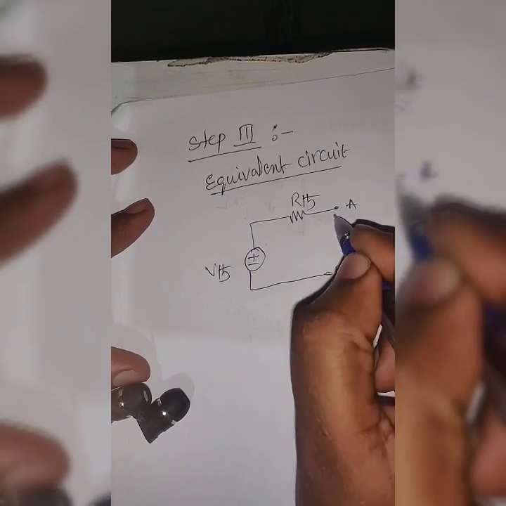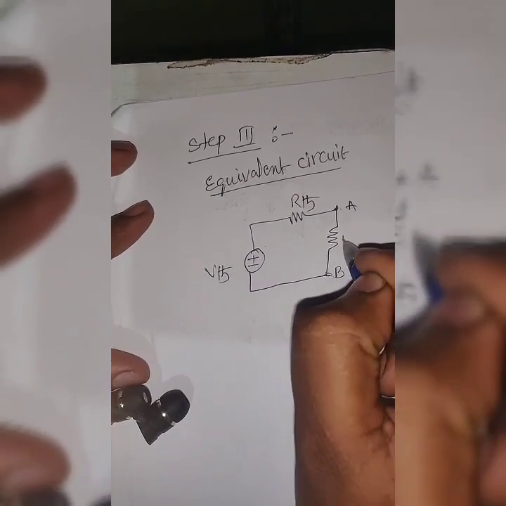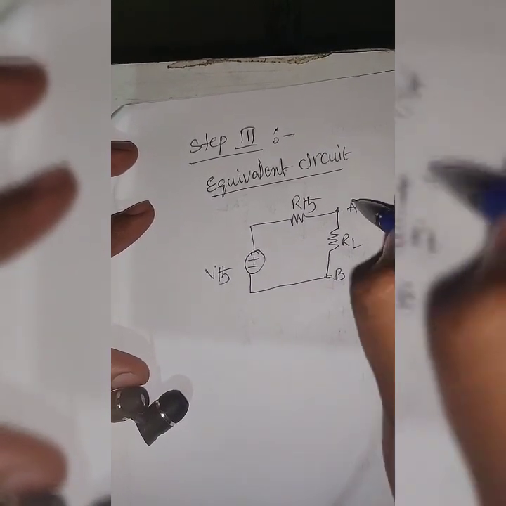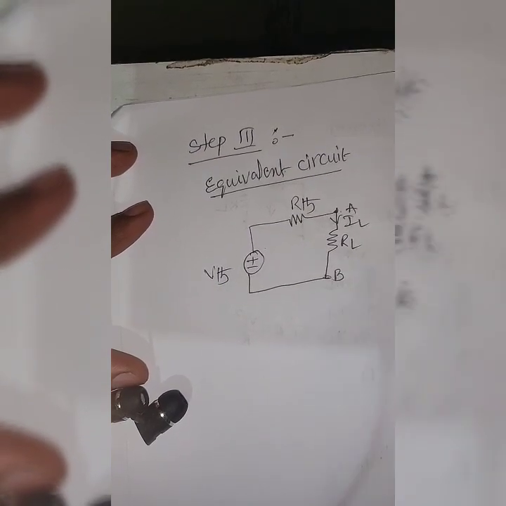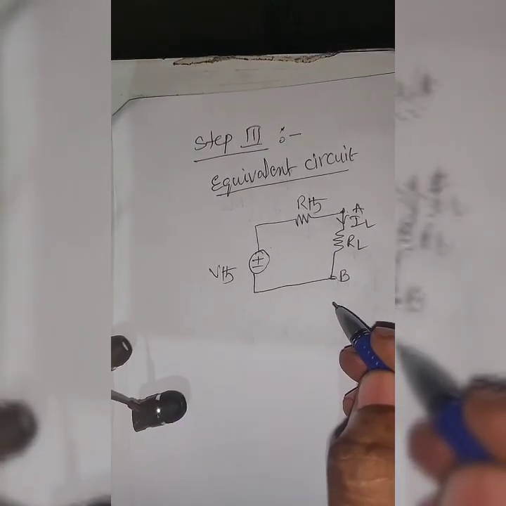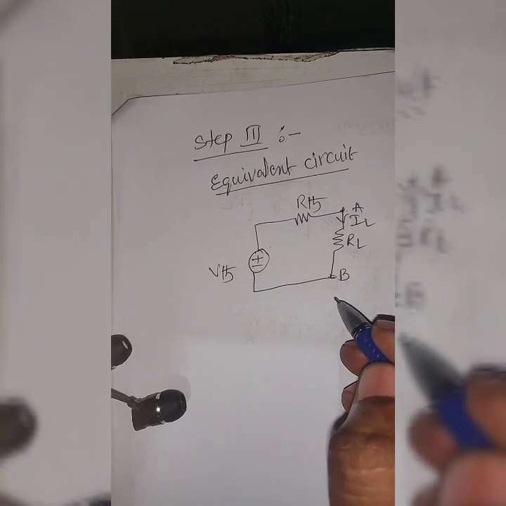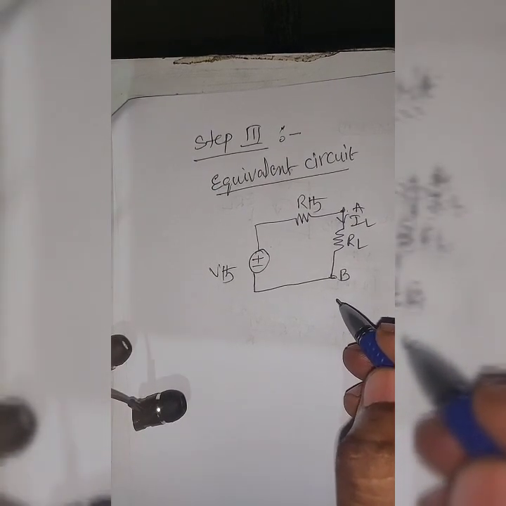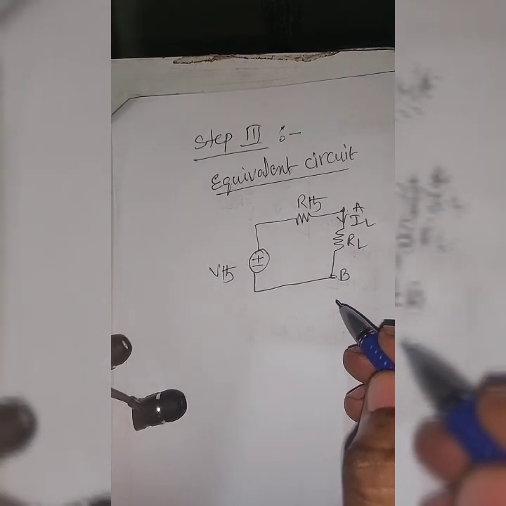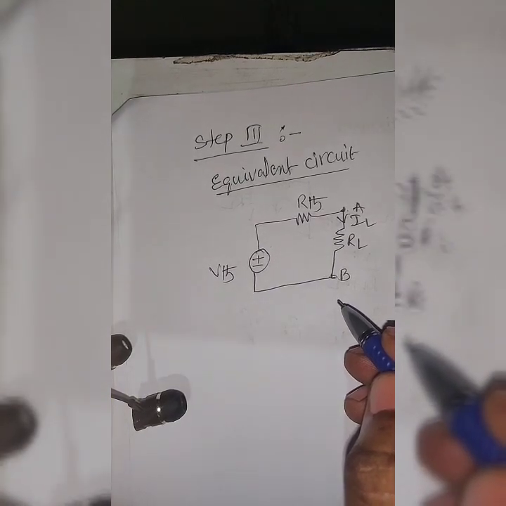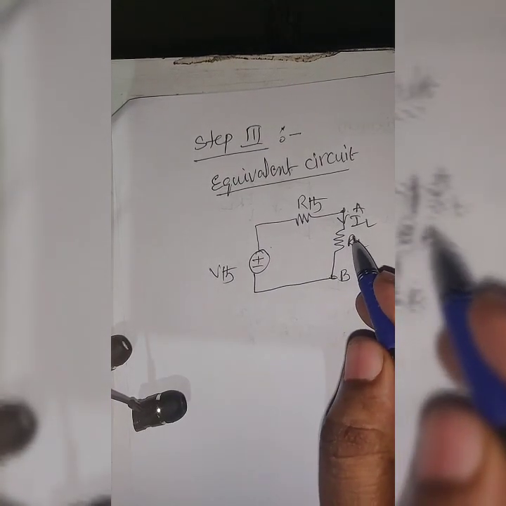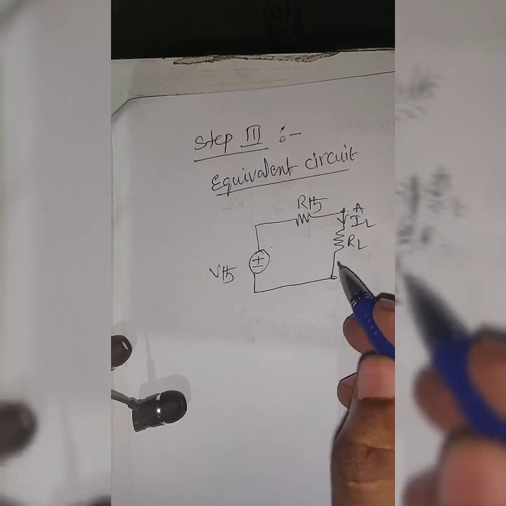Then add back the load resistance RL. Now the current is IL here. Already at the start we noted the formulas for IL, VL, PL. In this way we can find the values of current, power and voltage by using Thevenin's theorem.